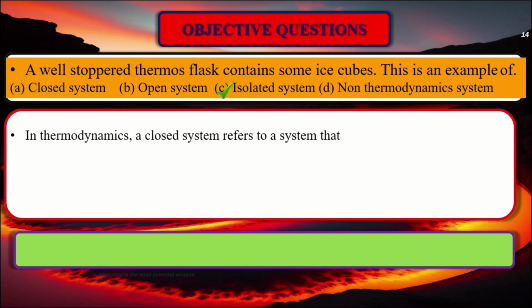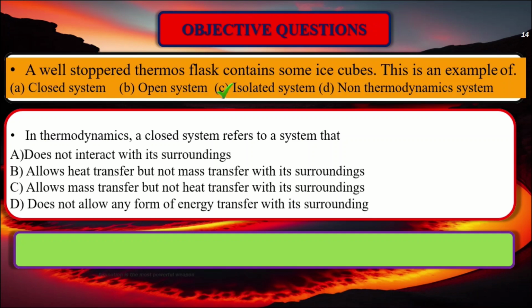Second one, in thermodynamics, a closed system refers to a system that: A, does not interact with its surrounding; B, allows heat transfer but not mass transfer with its surrounding; C, allows mass transfer but not heat transfer with its surrounding; D, does not allow any form of energy transfer with its surrounding. Correct answer is B, allows heat transfer but not mass transfer with its surrounding.